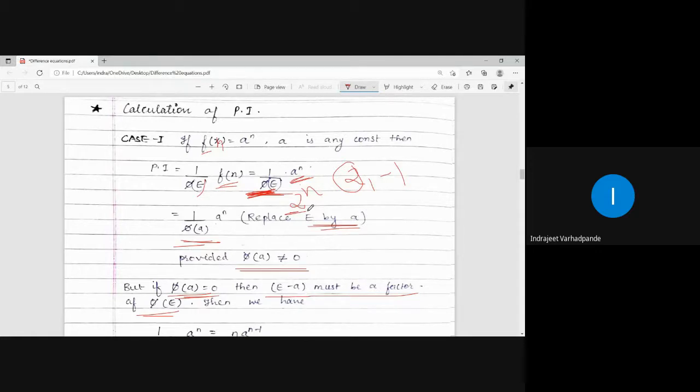What does finding a root mean? That particular value will satisfy this equation.